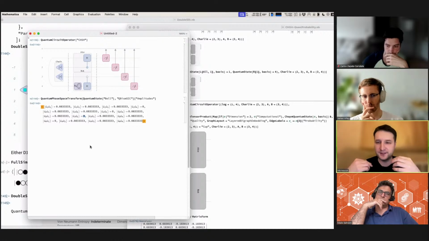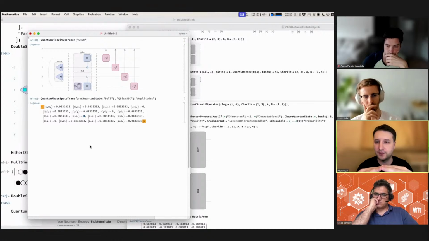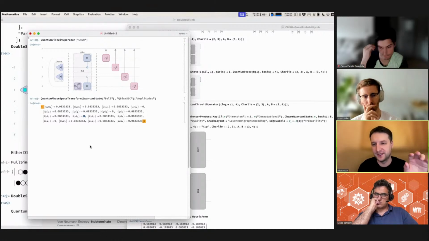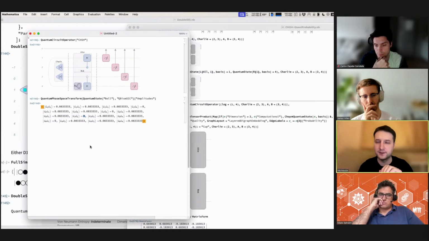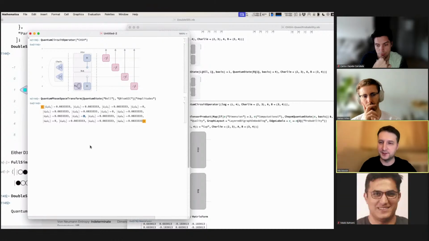Then you answer this question, because you want to describe the system locally, from Alice's perspective and from Bob's perspective. This joint distribution is not a good candidate for that. You want to decompose it into separate distributions, so that you only act with whatever Alice is doing in her lab on her particular separate system, and likewise for Bob.